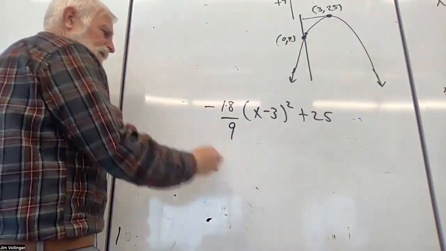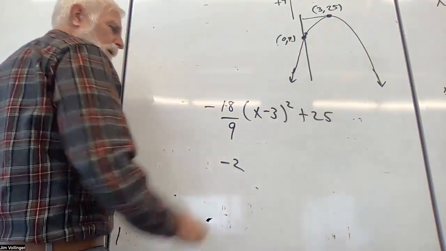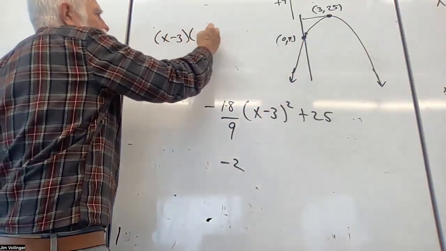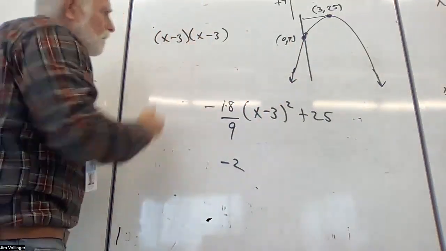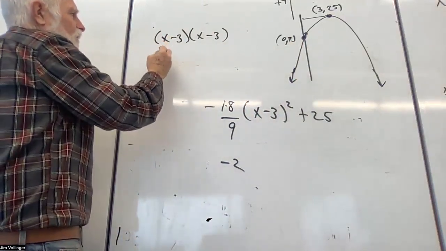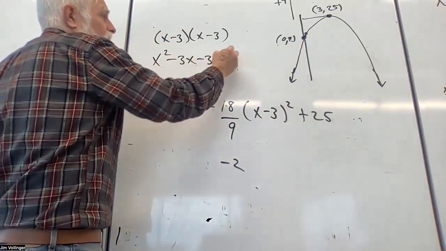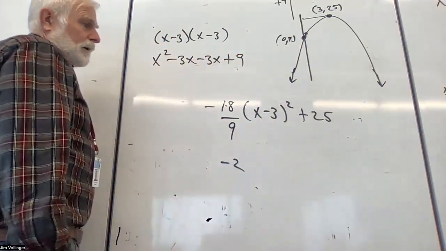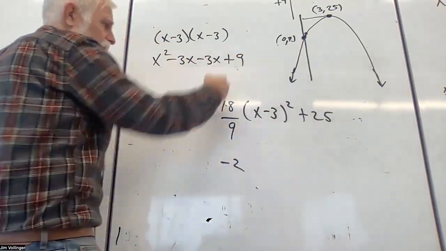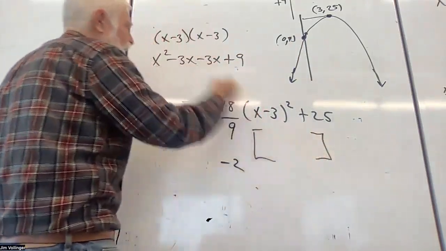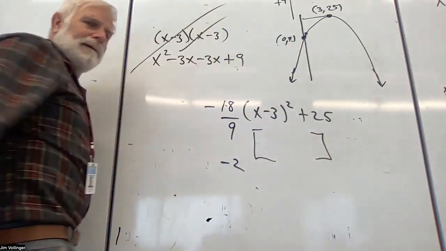Well, that's -2. And I know what x minus 3 squared is. You'll have to do this out for a while, but you've got x squared minus 6x plus 9. Let's look at what this is and see if we could get this answer without having to do any of that.